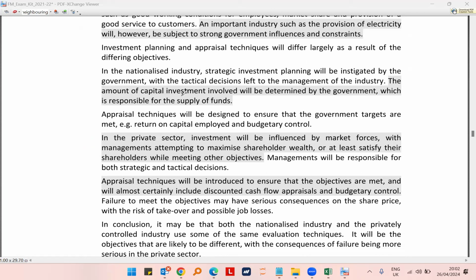Now, when it comes to the investment of a nationalized entity, it will be determined by government, which is responsible for the supply of funds through the budgeting process. Whereas in the private sector, they will have market forces that influence investments, where management attempts to maximize shareholder wealth, or at least satisfy their shareholders while meeting other objectives.